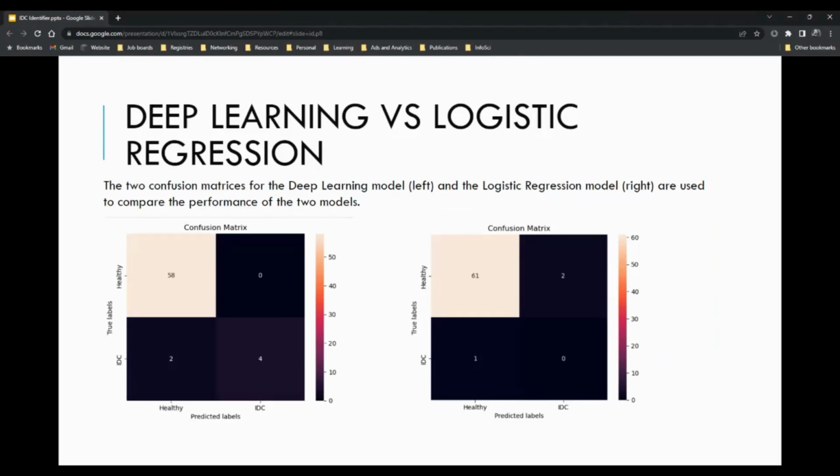The logistic regression model was built and tested using the same image set as the initial deep learning model, and it was not able to successfully classify any of the IDC cells that it was presented with. Further justification for the use of a deep learning model over a logistic regression model in this case.